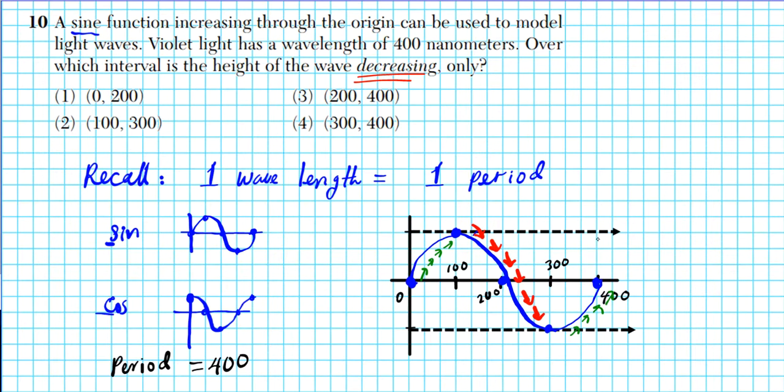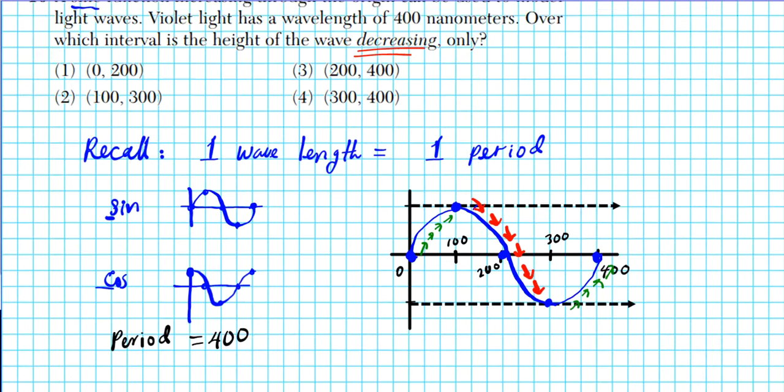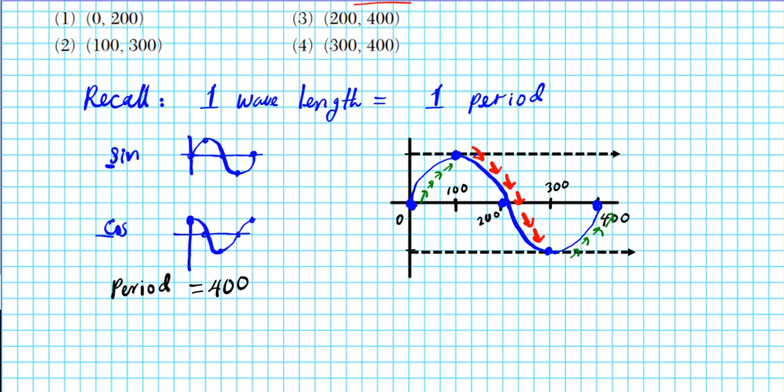That's the typical behavior of a sine function. So on what interval is the function decreasing? Basically, where are you going down from left to right? As you can clearly see, the portion in red from 100 all the way down to 300, right there, the function is decreasing only.